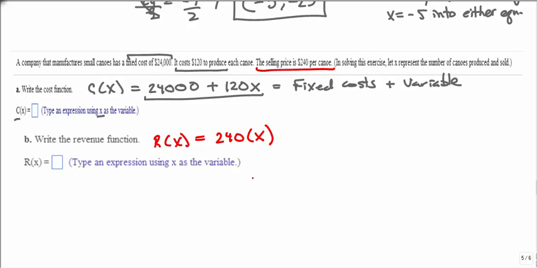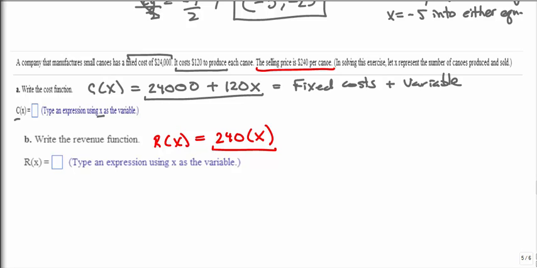Now this is not taking into account the cost that it created for me to get this canoe out on the selling floor. It just says how much money do I make? How much money do I bring in? Then I have to subtract out my costs in order to find my profit, but we're not quite to that point. Now x is the number of canoes sold, so if I sold let's say 10 canoes, I would have a revenue of $2,040. So this is my revenue function.